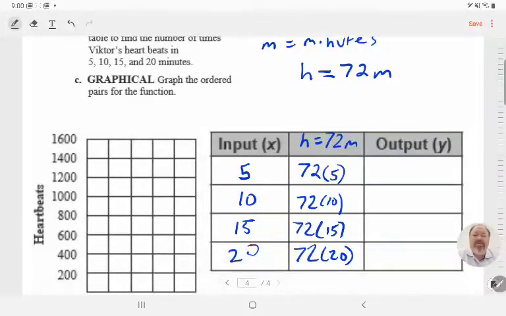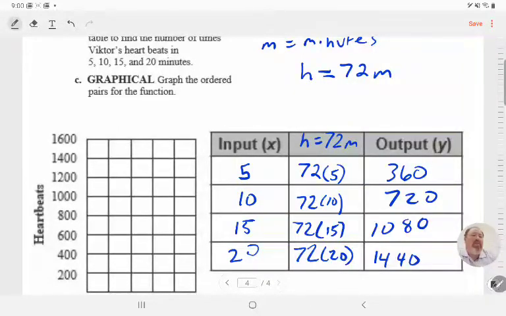So 72 times 5 is going to give me 360. Then 72 times 10 would be 720. 72 times 15 would be 1080. And 72 times 20 would be 1440. Okay? So now I've solved B.